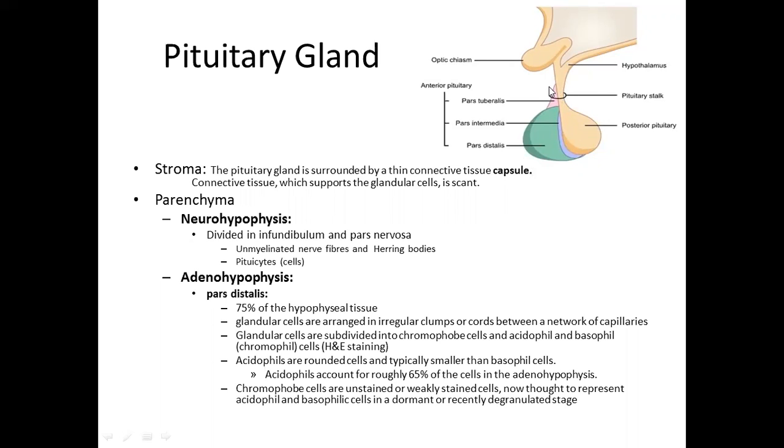Then the extended portion of the anterior pituitary, which travels along the pituitary stalk, is a very thin portion, not directly connected with the brain, but surrounding the connection. It is termed pars tubularis.